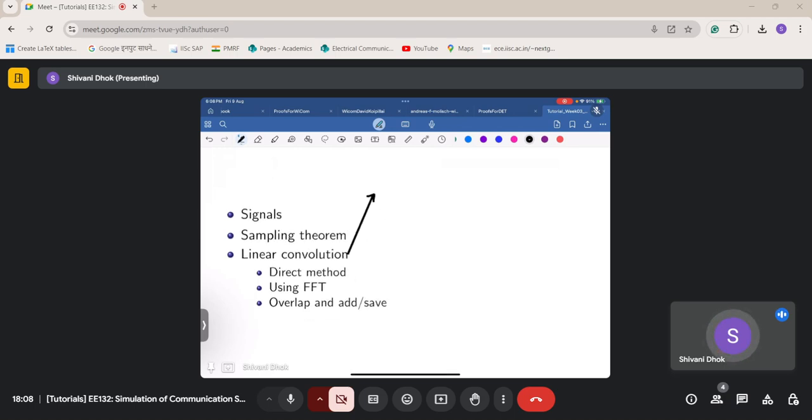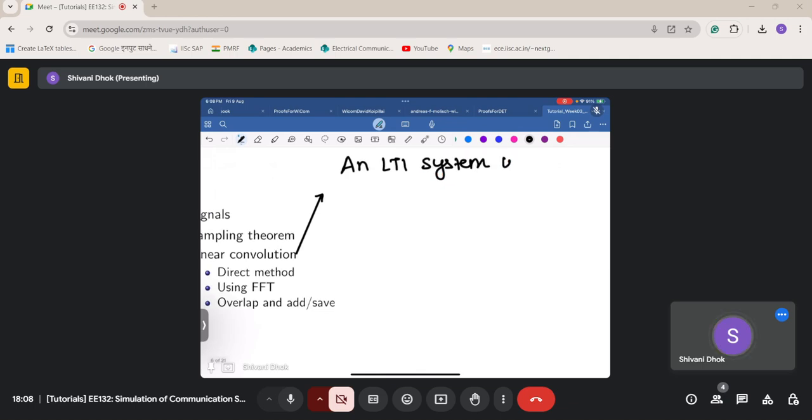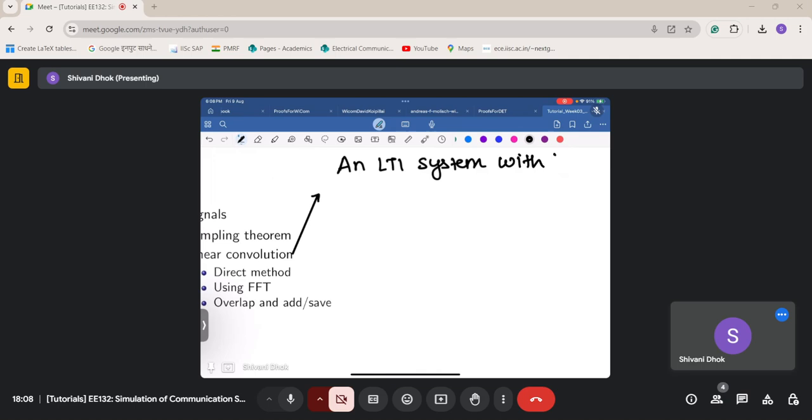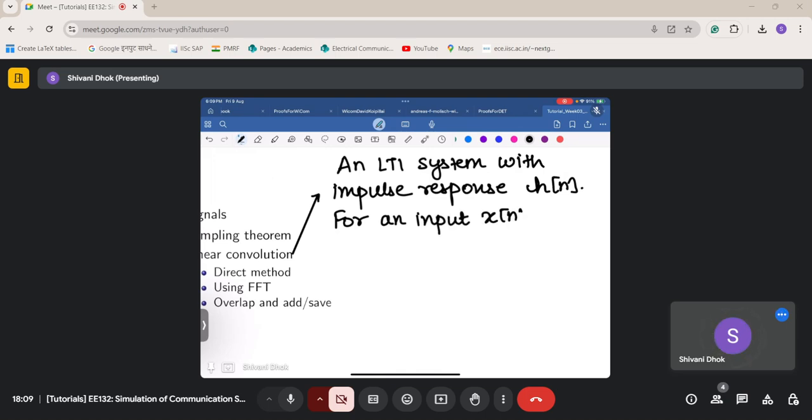If we have an LTI system with impulse response, let's say h of n, then for an input x of n, the output y of n is given by the linear convolution of x of n with the impulse response h of n.